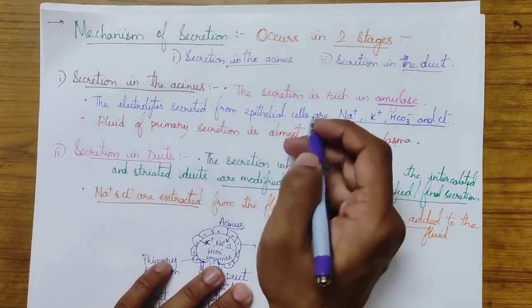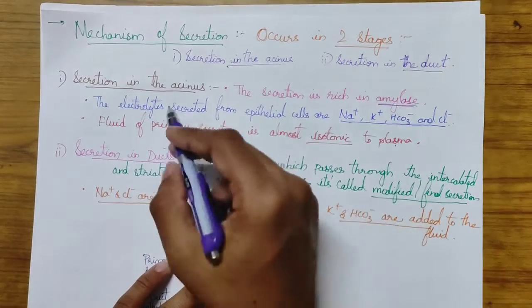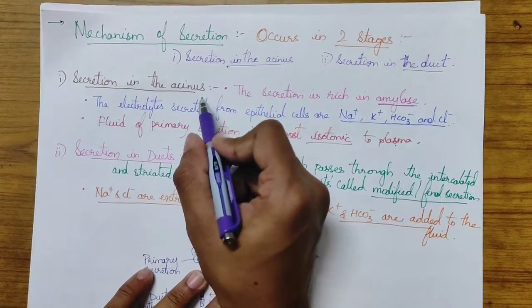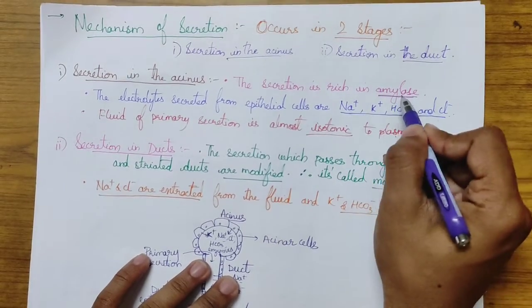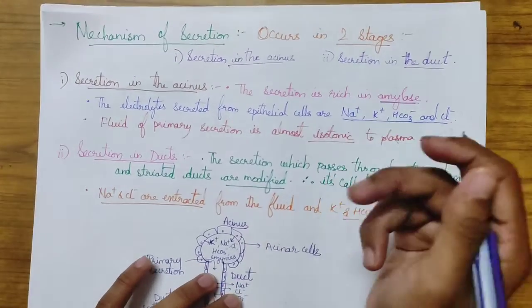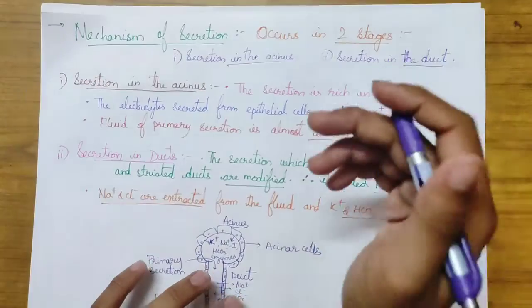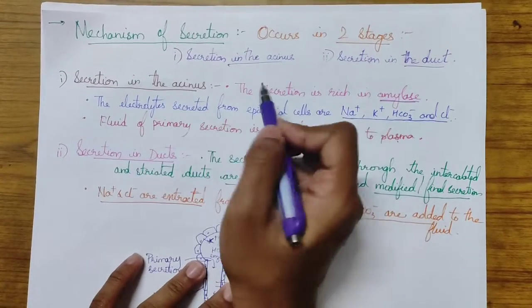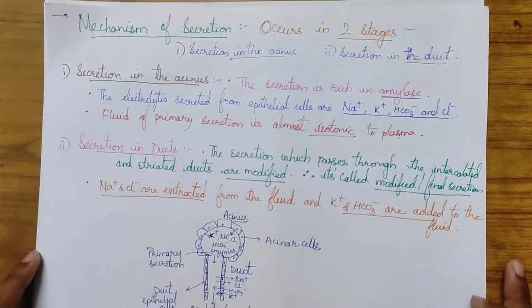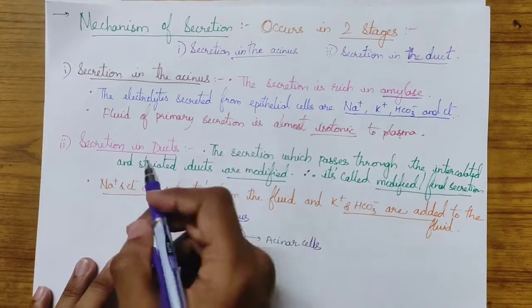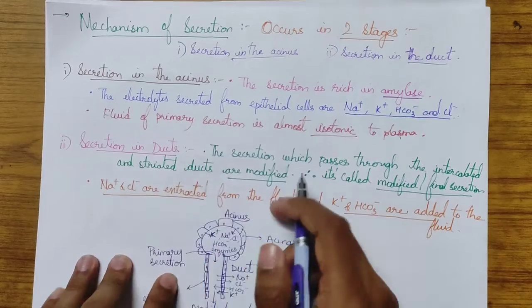So what happens in this is the acinus cells or the glandular cells contain granules which contain the amylase enzyme. When there is stimulation of the salivary gland, these granules are exocytosed from the acinus cells and the amylase enzyme is released. Next, let's talk about the next stage, that is secretion in ducts.